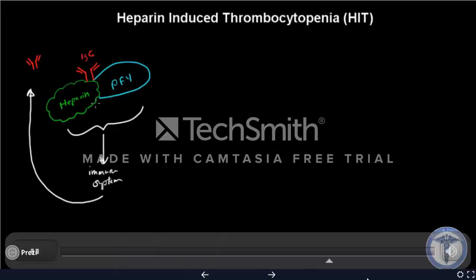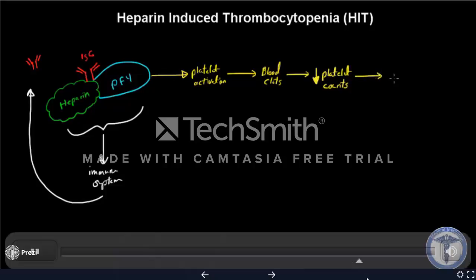Now this results in platelet activation, which initiates the formation of blood clots, leading to decreased platelet counts and eventually thrombocytopenia.